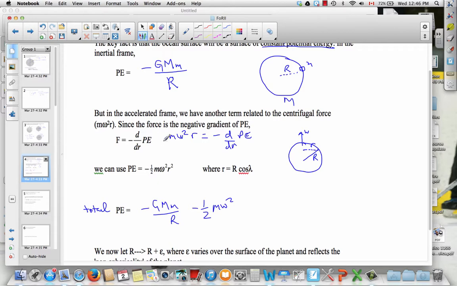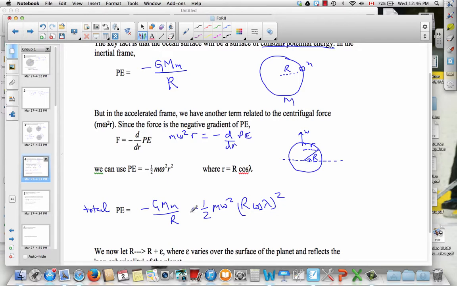Just like this is a fictitious force, this is the related fictitious potential energy. And we've substituted in for little r, R cos lambda, where lambda is the latitude right here, and where that's the equator.